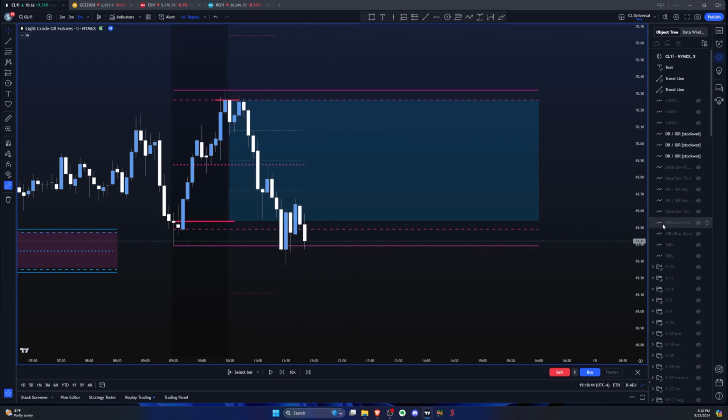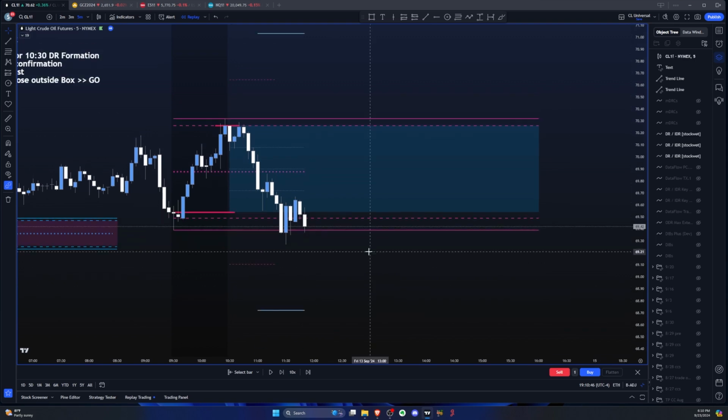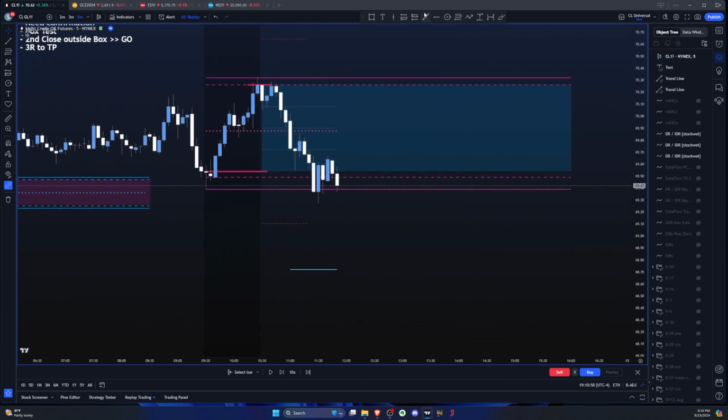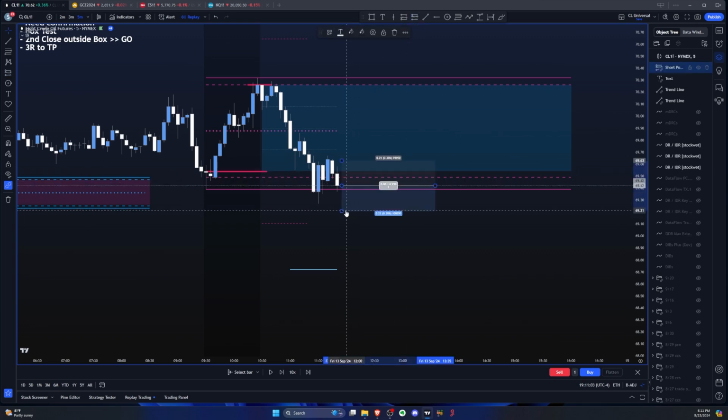So at this point, we can actually take a trade, and we need a minimum of 3R to our take profit. Okay, so do we have 3R to our take profit level? So if we put our short position on here and our take profit level is here, and actually in CL this is a 1.0, it actually goes right there. That's just a quick approximation.